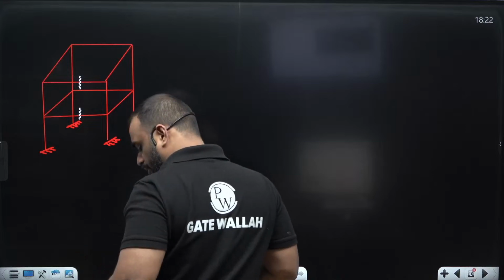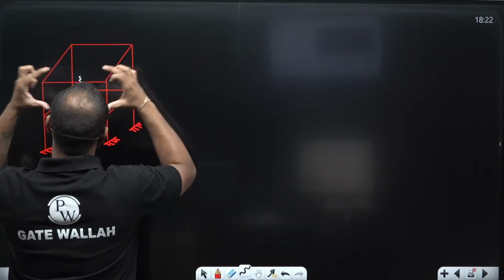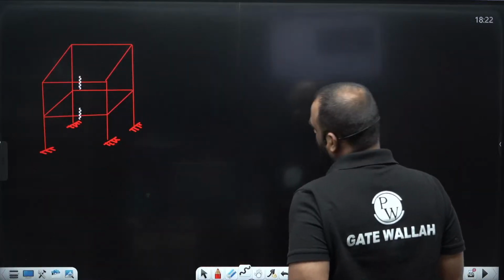Now what you need to do, guys, is take this particular structure like this and try to open it on a 2D surface or on a plane surface. Then what will happen? Let us draw it.